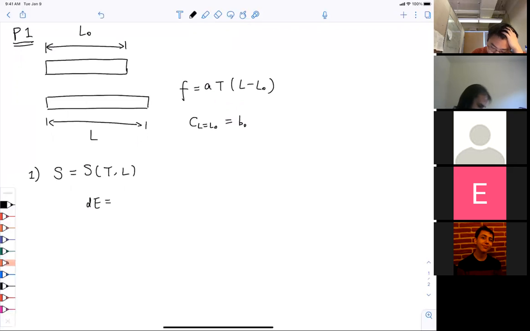We can write down dE, the change in energy, equals T dS, and usually it's minus P dV. In this situation, it should be plus F dL, because if you increase the length, you can imagine that the energy stored in this rubber band will increase. So this should be a plus sign.